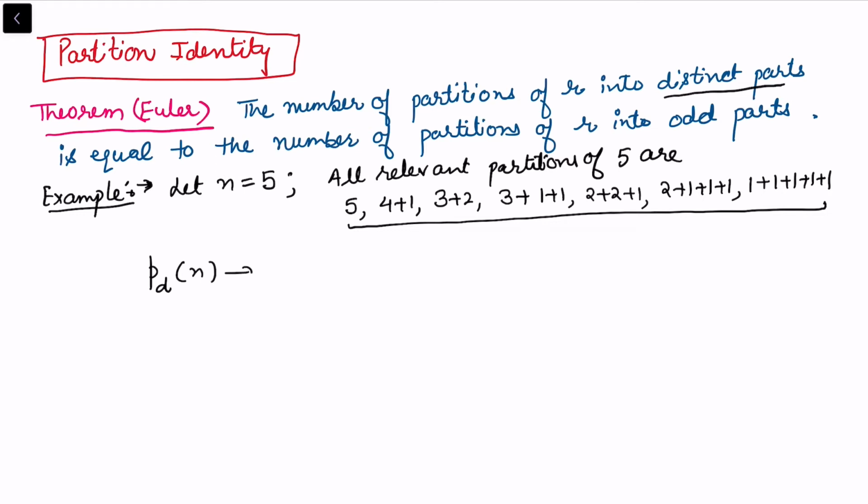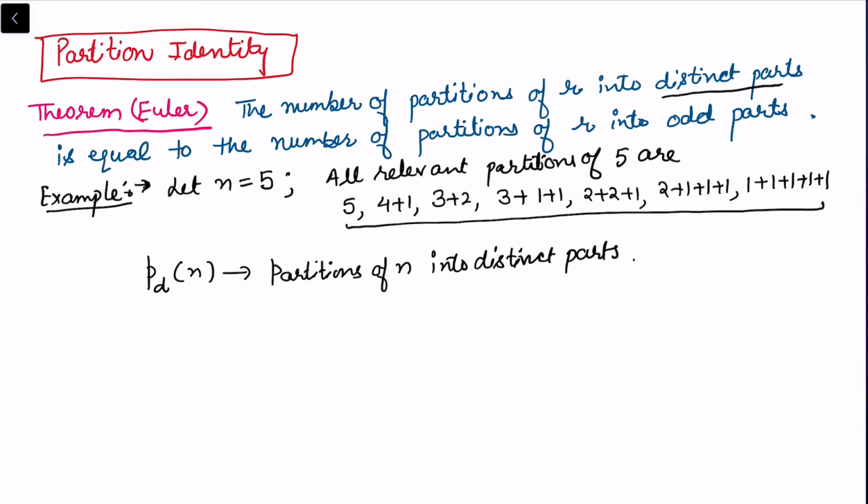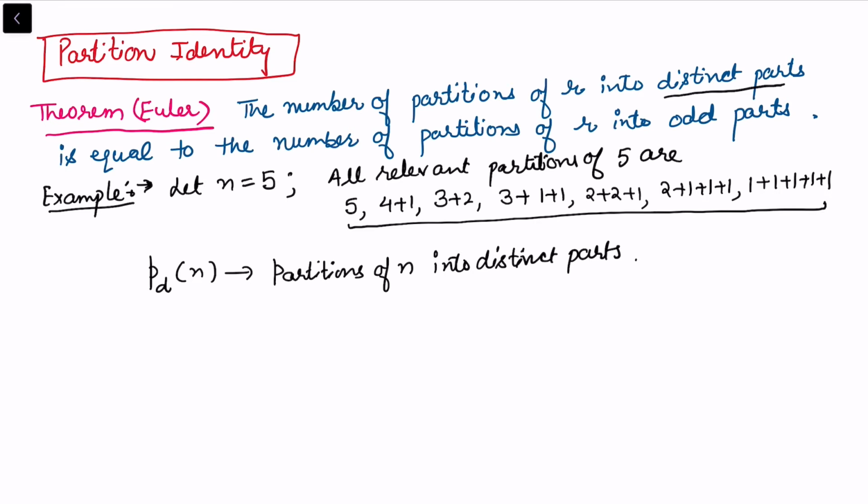And here I am considering partitions of n into distinct parts. So this subscript d stands for distinct parts. We may use any notation such as p, d, comma, n, or capital Dn, the way we want to define. Okay, now we want to count the partitions of n into distinct parts from above.